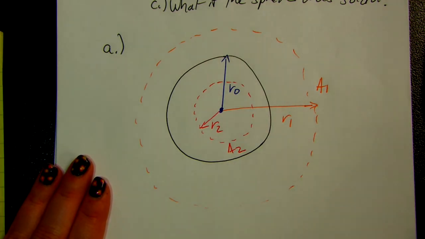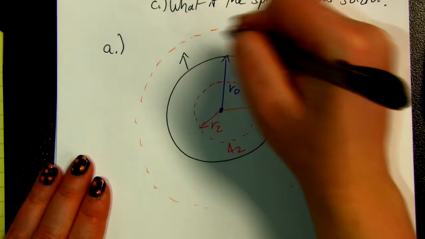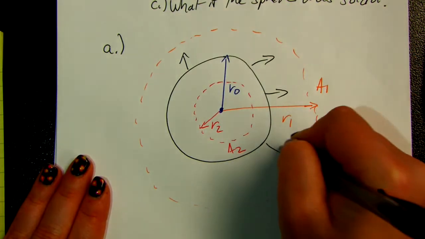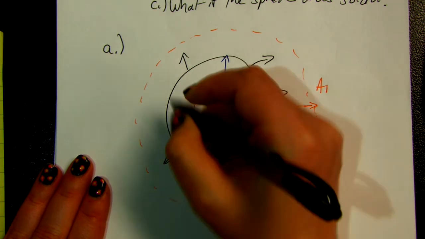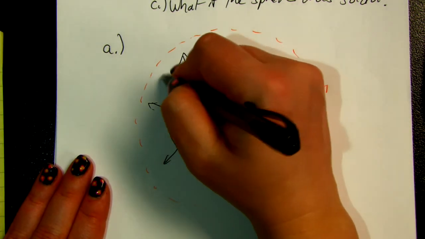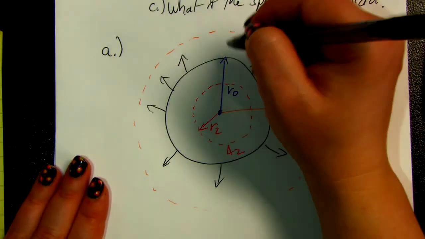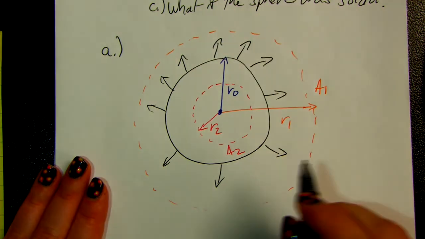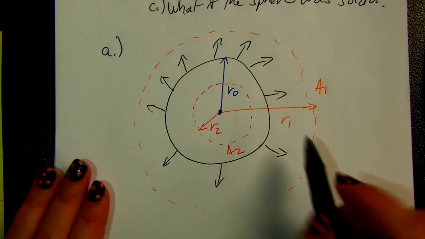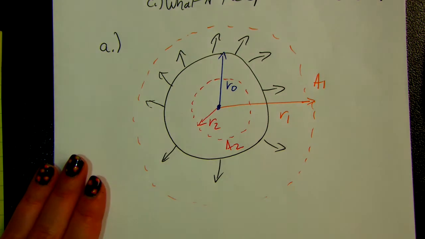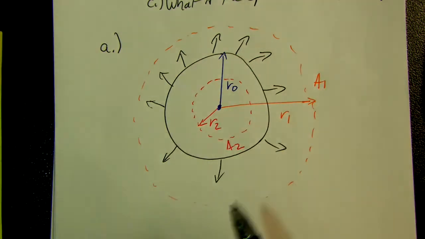All right, so we're dealing with a shell, so the field lines are all going to be on the outside of the surface. And then we have previously proven that everything inside cancels each other out. So this is 0 inside.